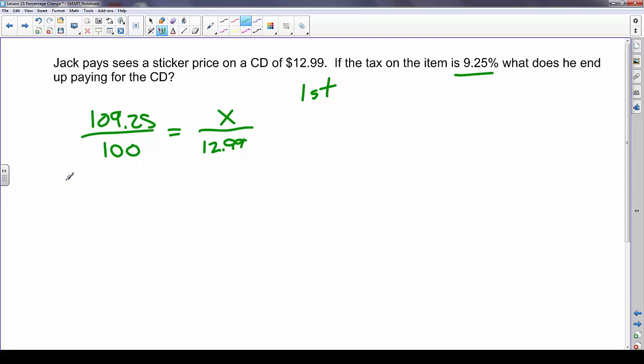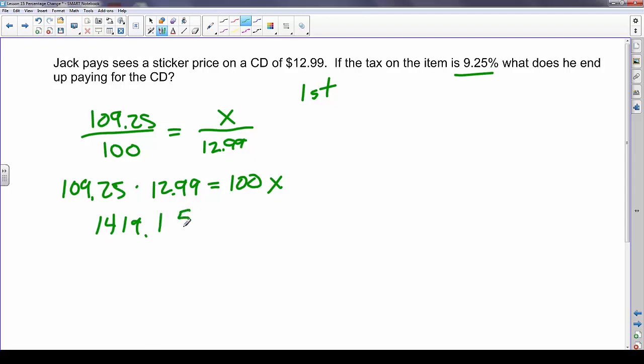So let's multiply 109.25 times 12.99. That should equal 100x. In doing these multiplications, I get 1,419.15 is equal to 100x.